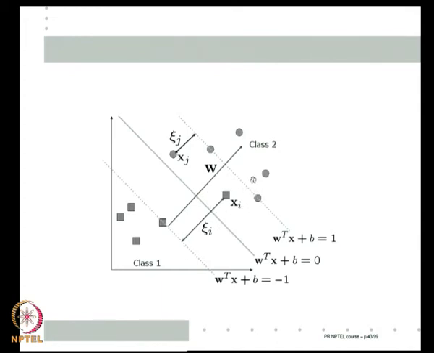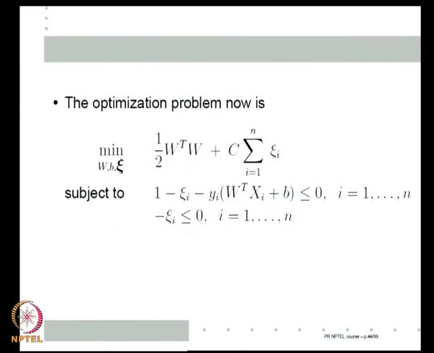On this side, on the other hand, this pattern is actually on the wrong side of the hyperplane. If I want to take this as the separating hyperplane, here the ji would be greater than 1. But essentially, given this pattern here and this pattern here, normally I would not have been able to find any separating hyperplane. What I decided to do is call these two patterns errors, and then I get a separating hyperplane with such a nice margin. That is what this formulation is: suffer a bit of penalty by misclassifying a few patterns and then separate the rest of them. That is what I am trying to do. So, that is my optimization problem.